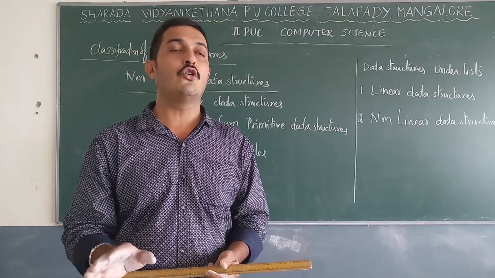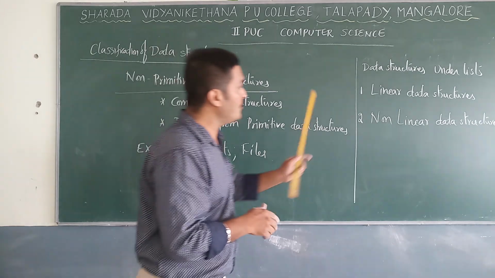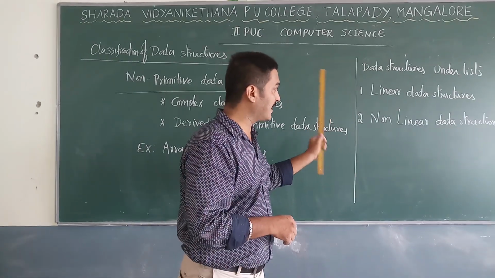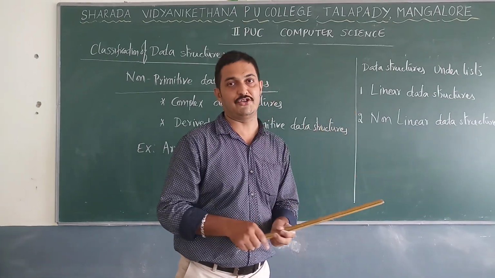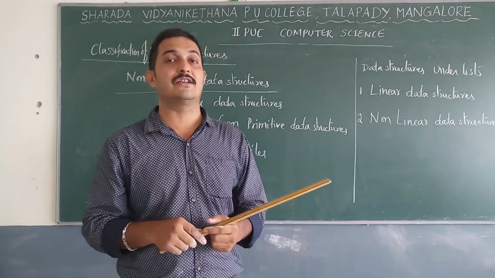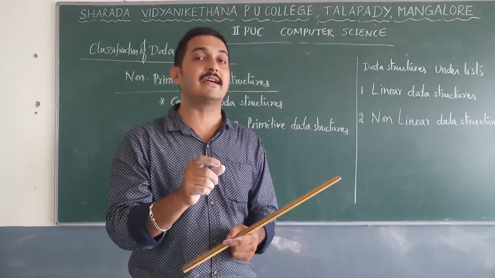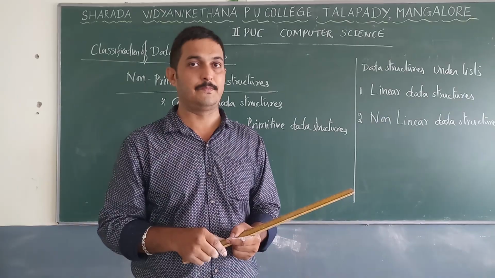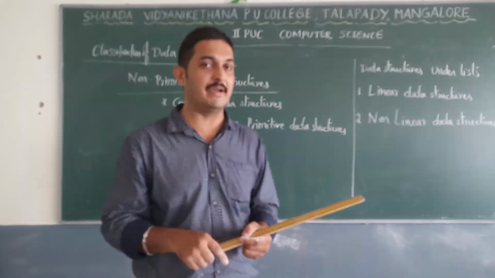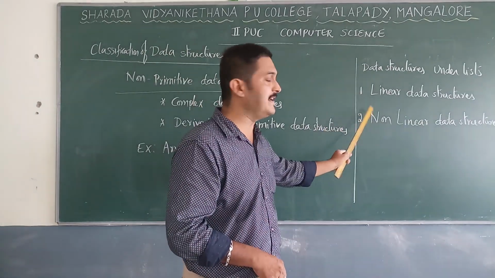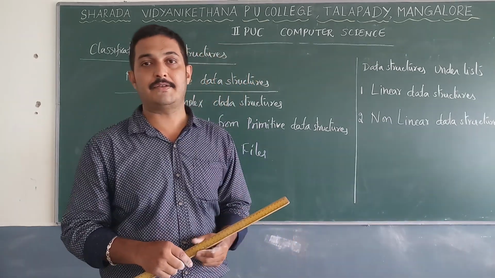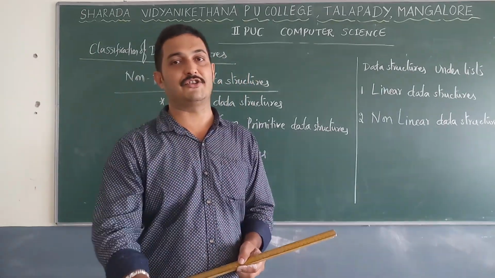It includes homogeneous elements. The second one is non-linear data structures. Under non-linear data structures, one element is connected to many other elements. Examples of non-linear data structures are trees, graphs, etc.